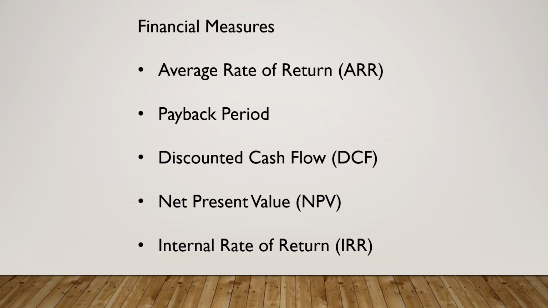$31,888. Year three, $44,000 times 0.7118 for a total of $31,319. Year four, $50,000 times 0.6355 is $31,775.